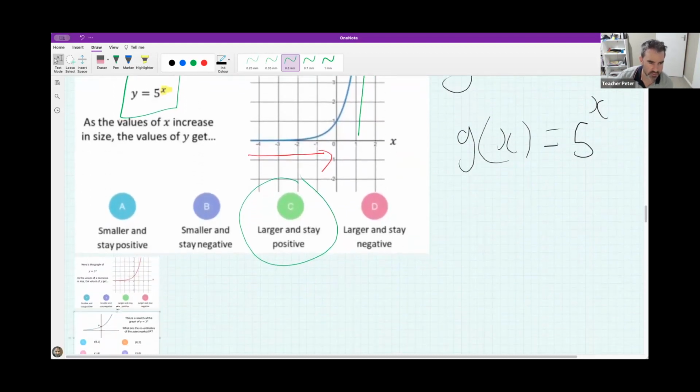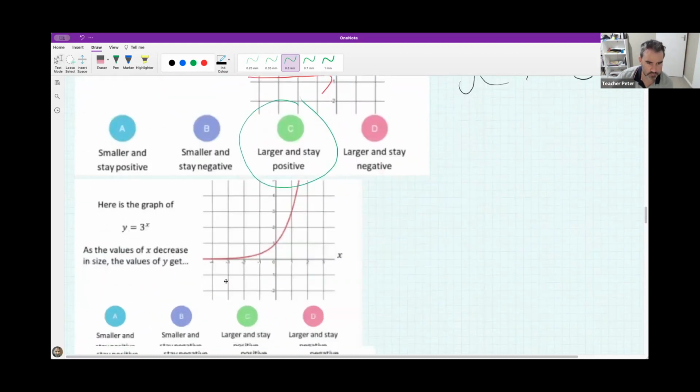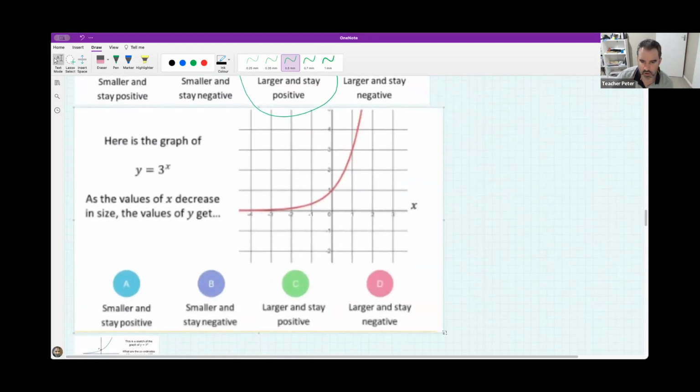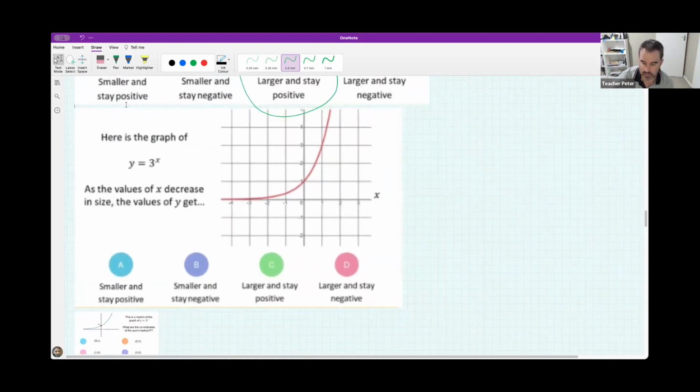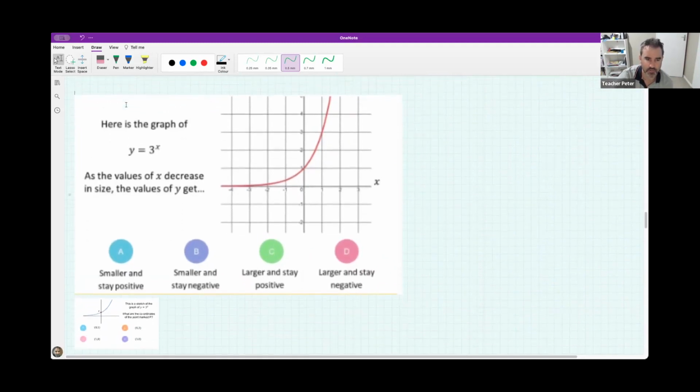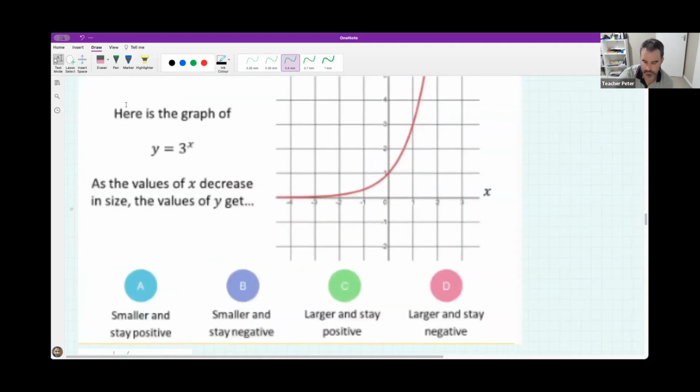Okay, let's do another one that's somewhat like this. Sorry, the print obviously clipped these at too low a resolution because it's a little bit blurry, but I'll read it with you. Here is the graph of y equals 3 to the power of x. As the value of x decreases, so as the value of x gets less, it goes to the left.